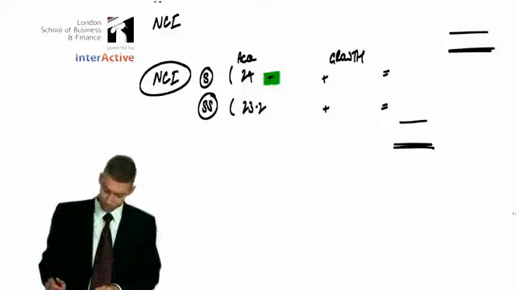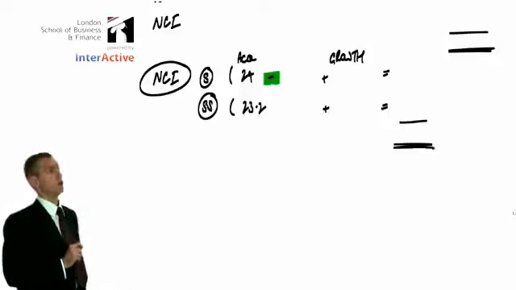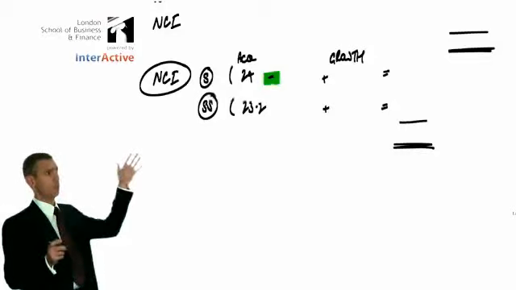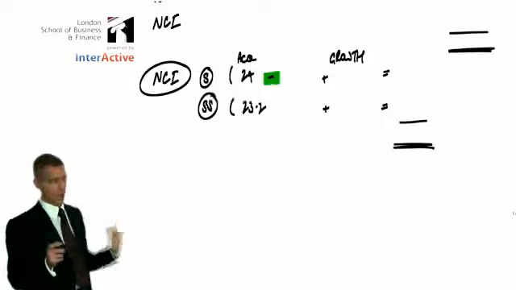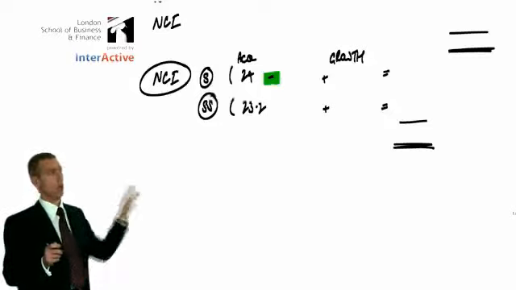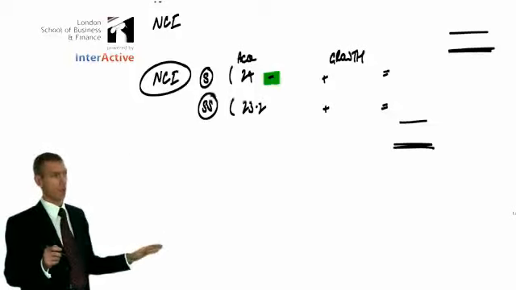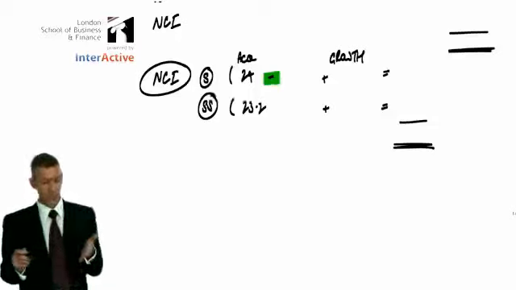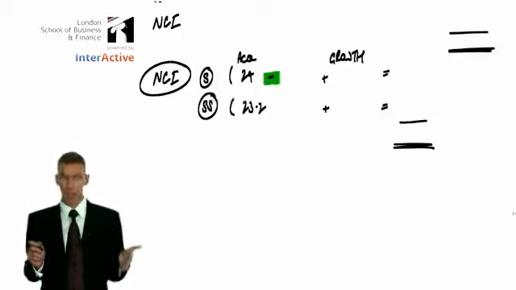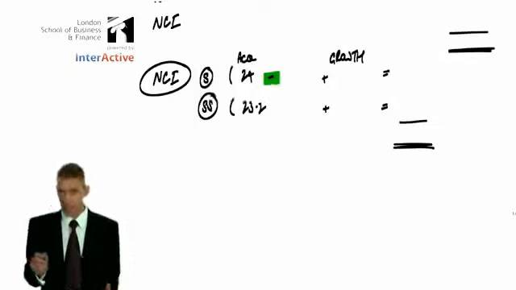But part of the NCI in the mid-sub is the NCI in the lower sub. That's really complicated, that, isn't it? But part of the NCI in the mid-sub is NCI in the lower sub. Part of what that 24 is, the NCI in S, is actually NCI in the shares in the SS.